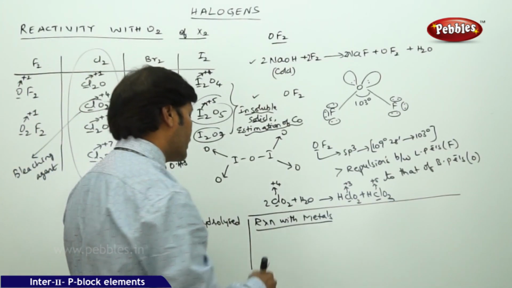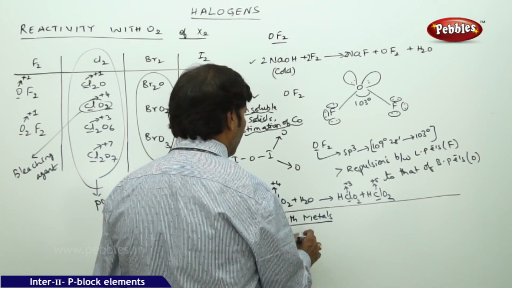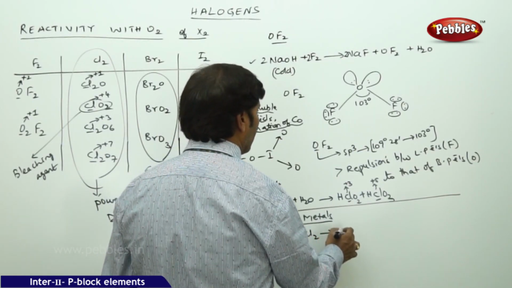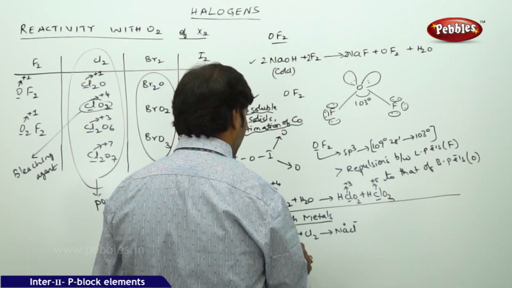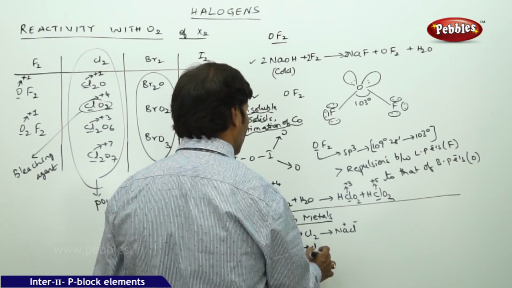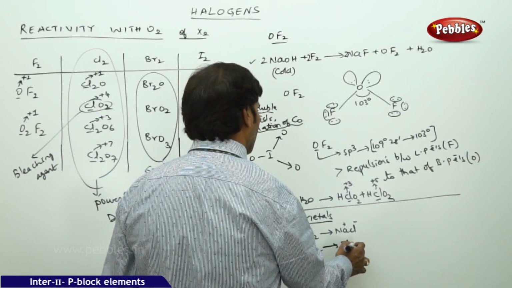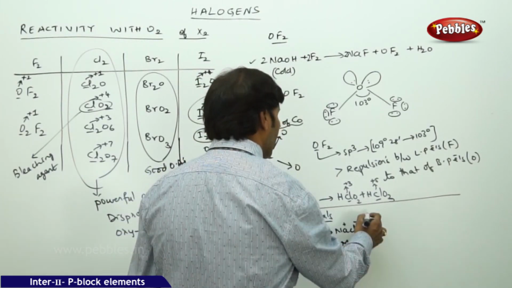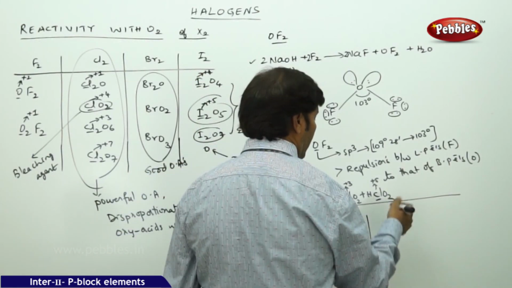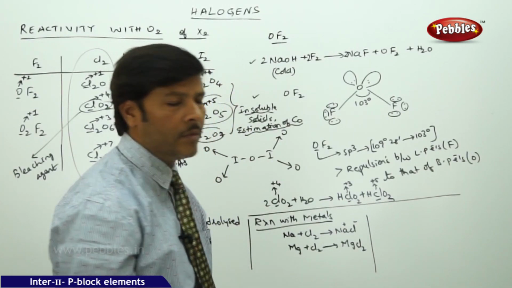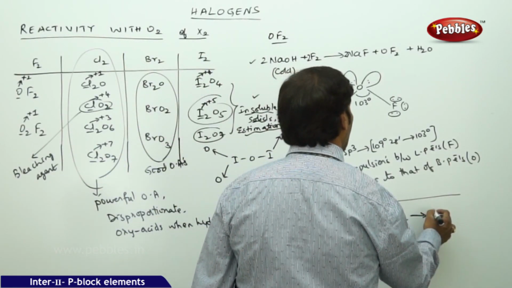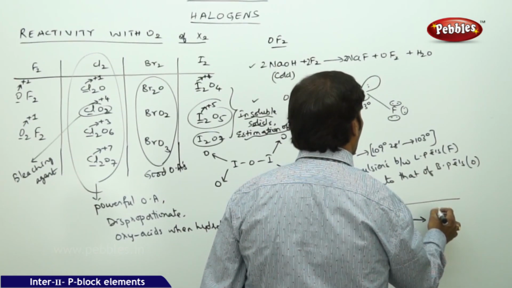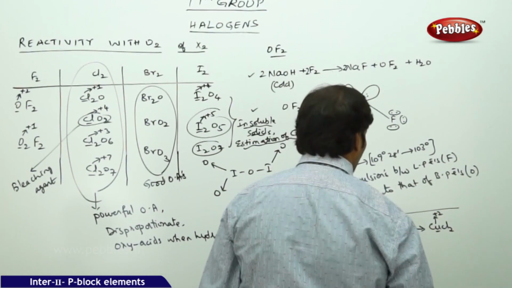For example, if you take sodium, when it reacts with chlorine, yes, it gives sodium chloride, both are monovalent. If you take magnesium, it gives magnesium chloride. Magnesium is bivalent. But if you go for d block metals, for example, copper, when it reacts with chlorine, it always forms the salt of the higher oxidation state, that is Cu2+.